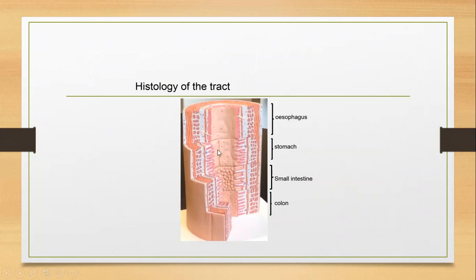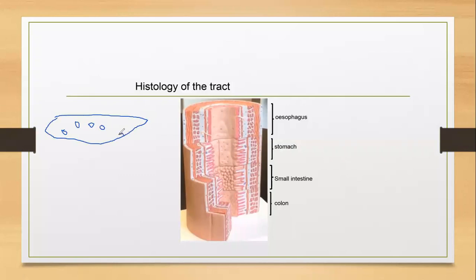Now, if you look at the surface view, this area that I'm pointing at appears like a smooth surface. It appears like a sheet of smooth surface, but this sheet has tiny holes, and each of these holes represents a gastric gland.